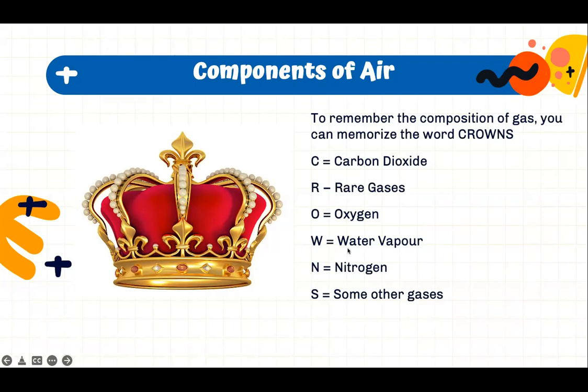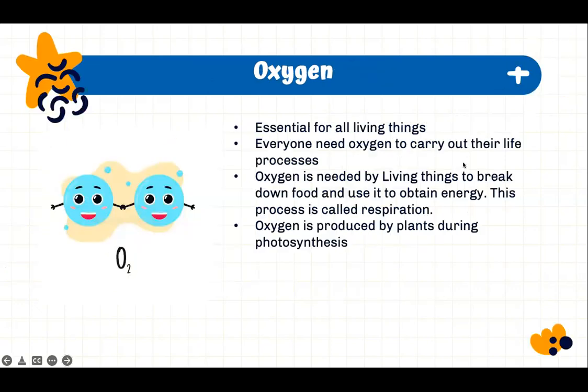O stands for oxygen, followed by W for water vapor. Next we have N for nitrogen and S for some other gases. By memorizing the word CROWNS, you roughly know the mixture of gases that air contains.